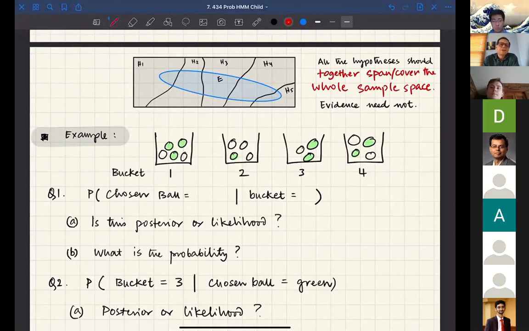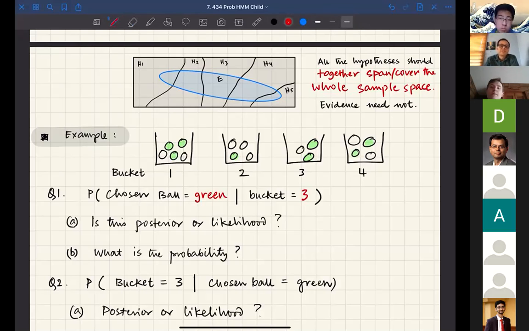Of these balls, the first bucket has 3 green balls, the second bucket has 1 green ball, the third has 2 green balls, and the fourth has 2 green balls. I tell you this. Now I ask you, what is the probability that the chosen ball is green, given that the bucket it's chosen from is bucket number 3?